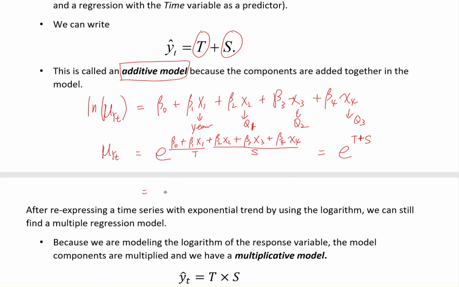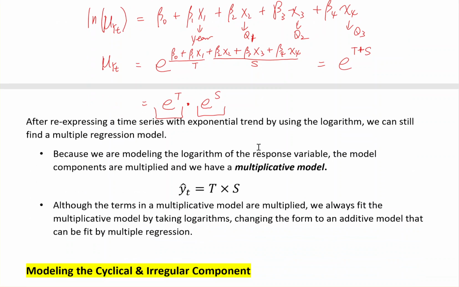By the laws of exponents, it is e to the T times e to the S. This is the trend component, and this is the seasonal component. After the transformation, you will not have the additive model, you will have the multiplicative model. Now your y equals the trend component times the seasonal component. So for this case, we call it a multiplicative model.